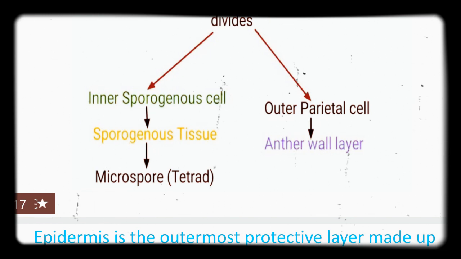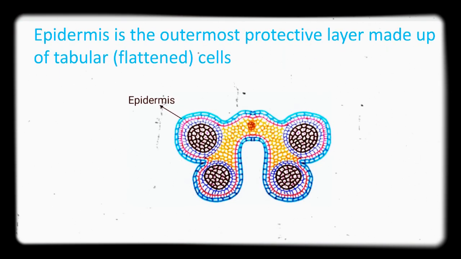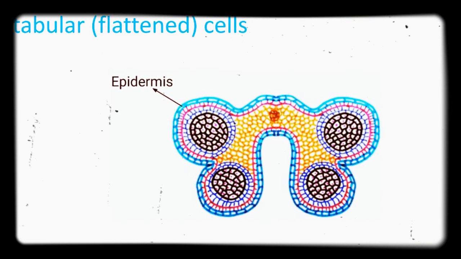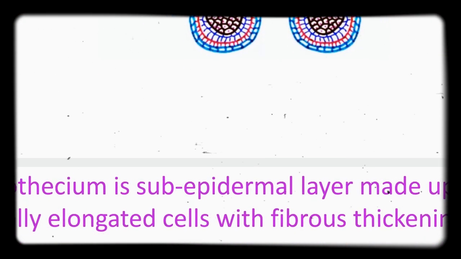The outer parietal layer forms the anther walls. Epidermis is the outermost protective layer made up of tubular flattened cells. As you can observe here in this anther, epidermis is the outermost layer.